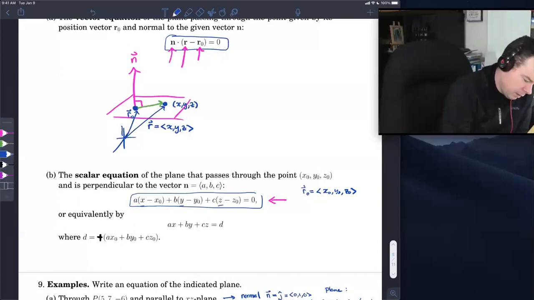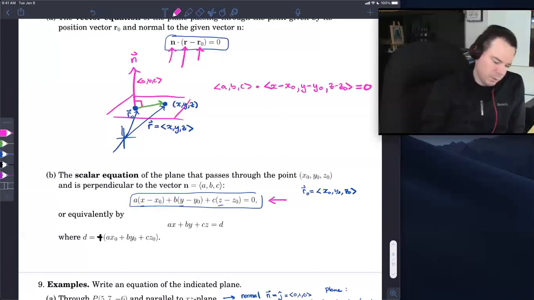So that tells us we have the normal vector, which I'll call ABC, dotted with x minus the x naught value, y minus the y naught value, and z minus the z naught value, is equal to 0.